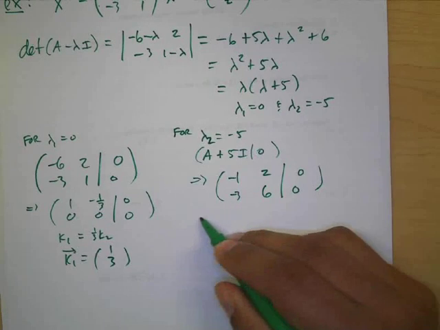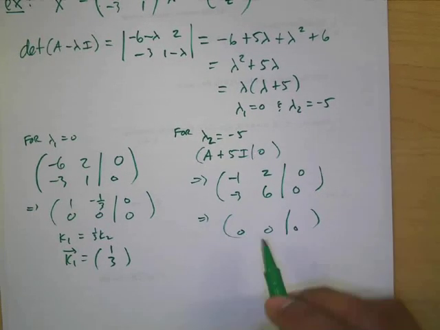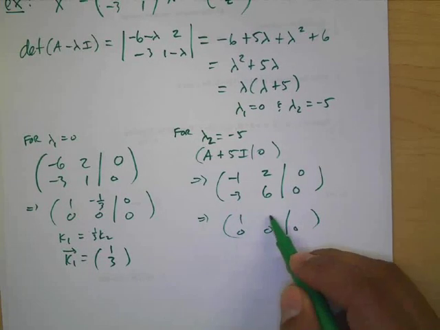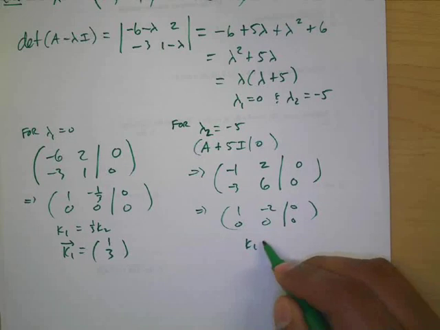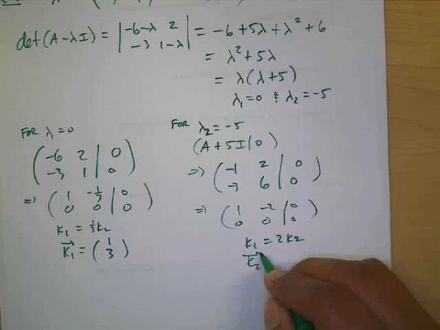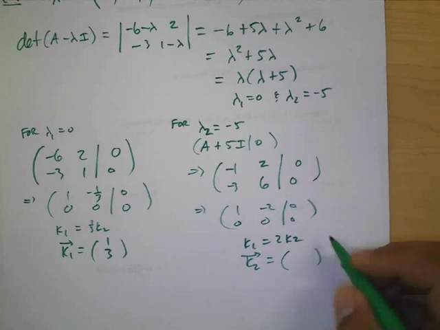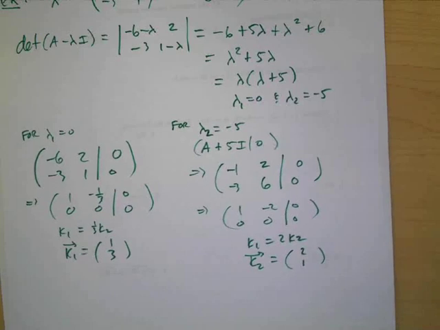You can clearly see they're multiples again. At this point, you know that we're going to get zeros in the bottom row. This is 1, negative 2, 0. So k1 equals double k2. So our second eigenvector, 2, 1 would be fine.